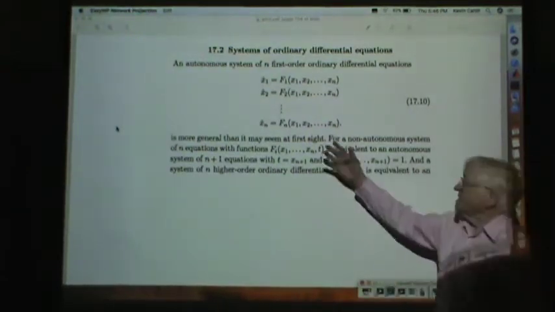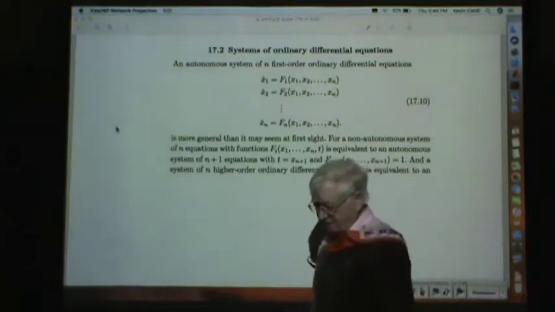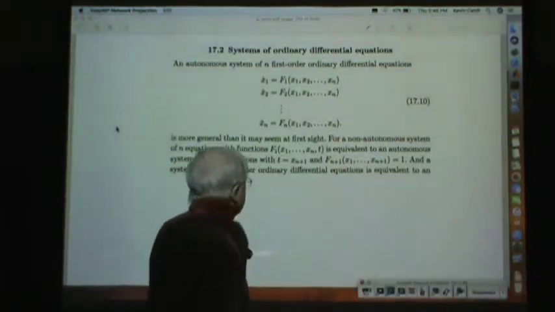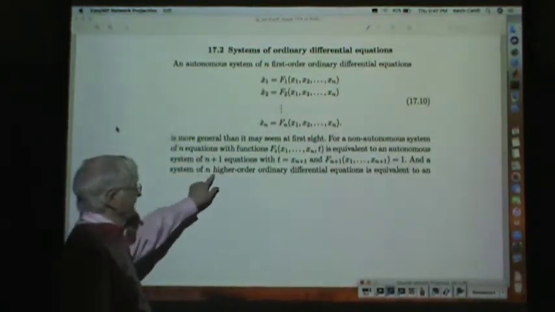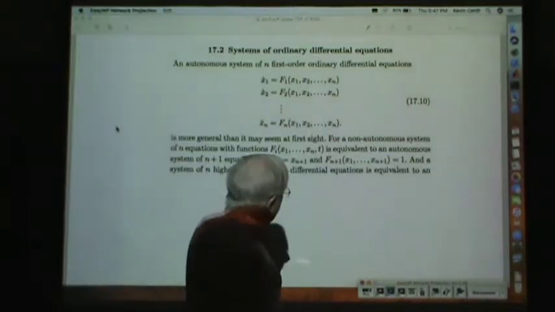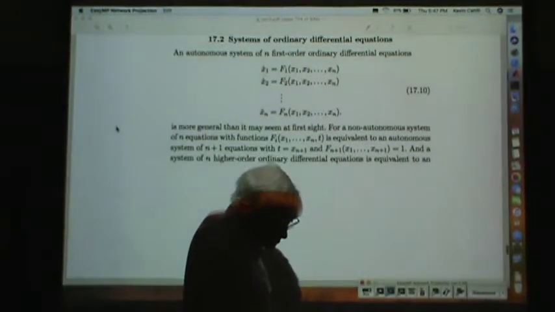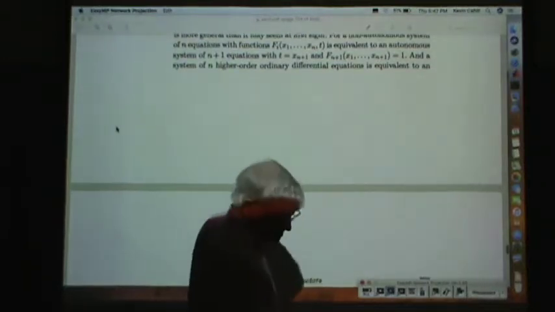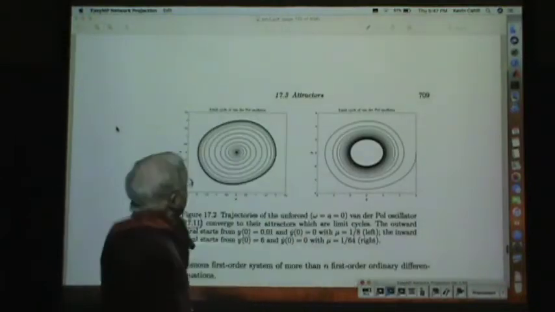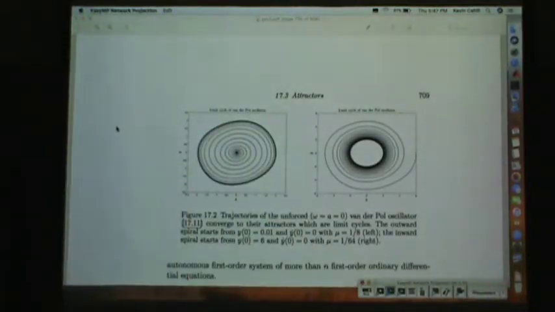Moreover, you might say this is all first order, but you can take a system of n higher order ordinary differential equations. By the way, these are said to be ordinary because they don't have partial derivatives in them.